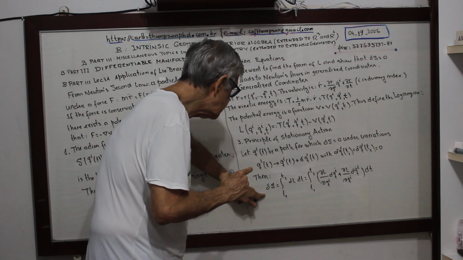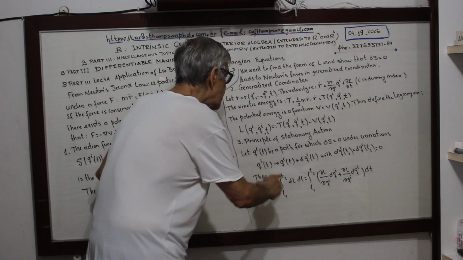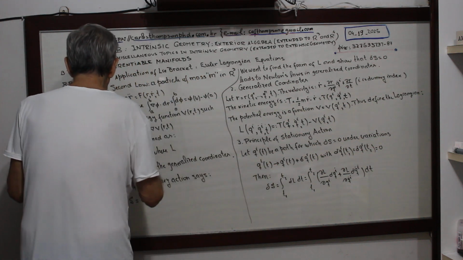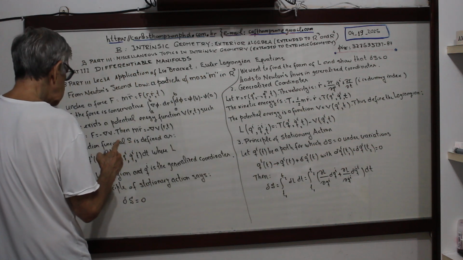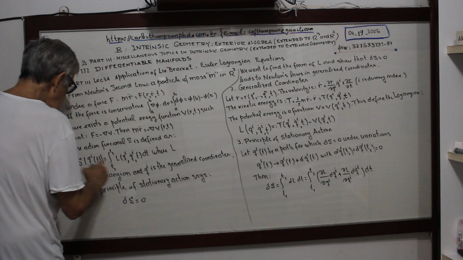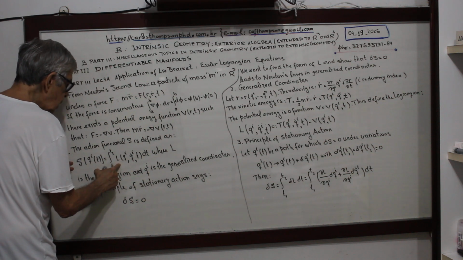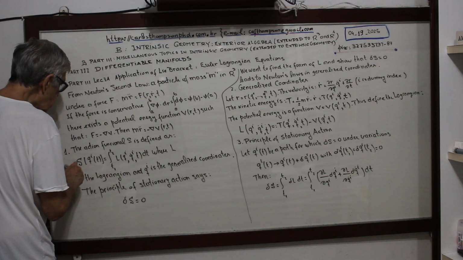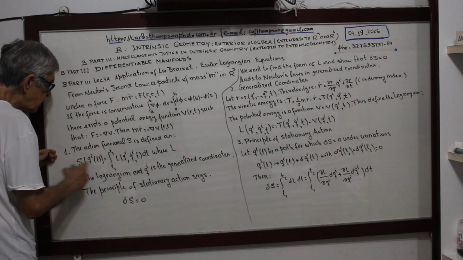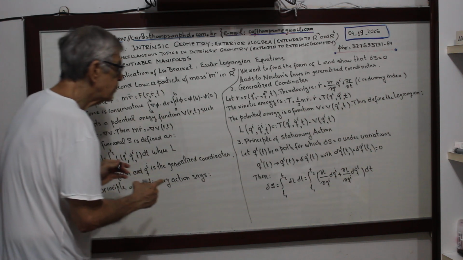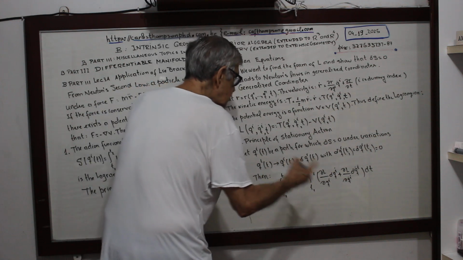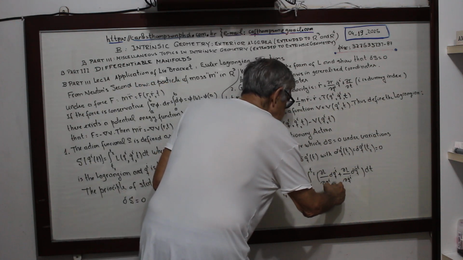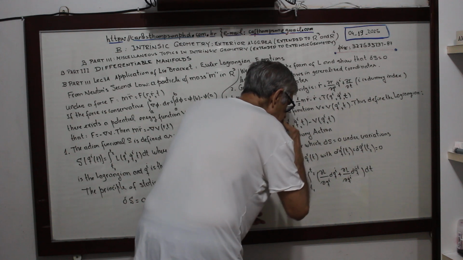Then delta S is the integral of delta L. Don't forget that delta L is over here. You see, this is L over here. I will apply delta on the left-hand side and delta on the right-hand side. And then I expand. You see, this is a derivative. Okay?